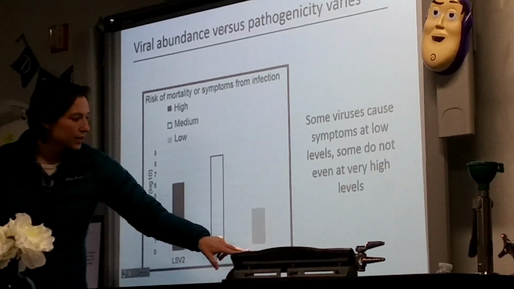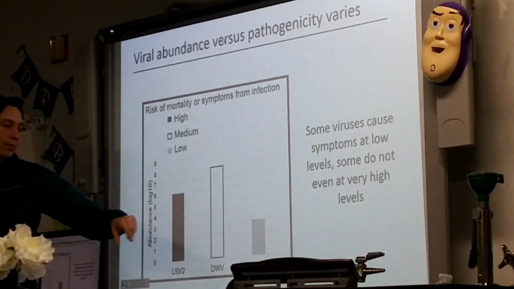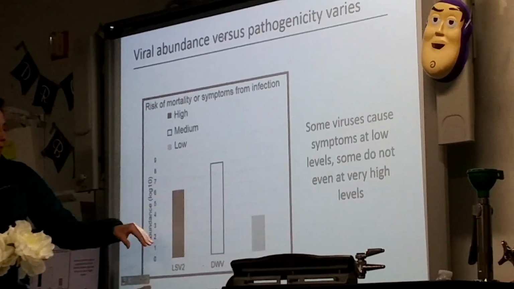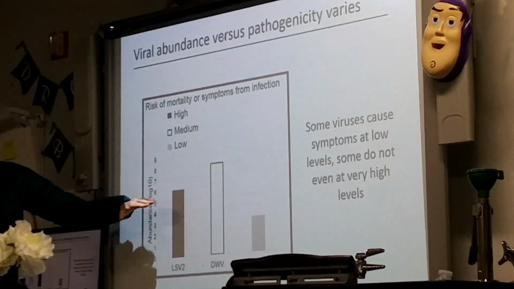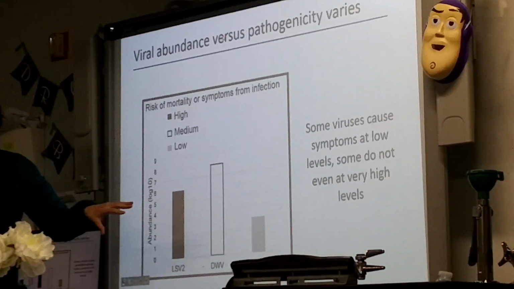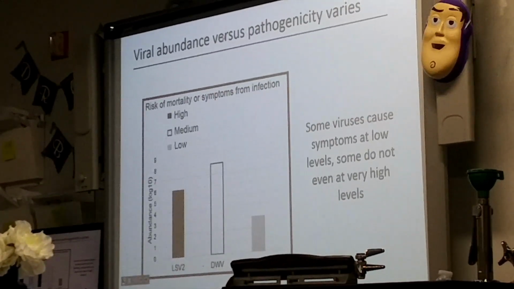This is chronic bee paralysis virus at relatively low levels, very unlikely to show any symptoms. LSV2 has higher levels than this chronic bee paralysis virus, lower than DWV, and highly likely to show symptoms. So this is based on studies where people have looked at the level of the virus and then looked at whether symptoms are likely to be expressed.